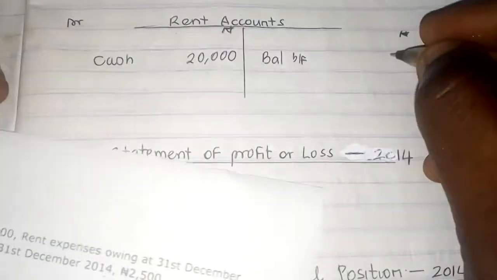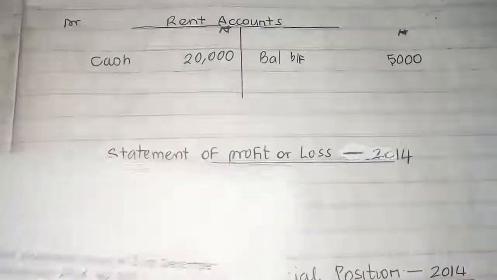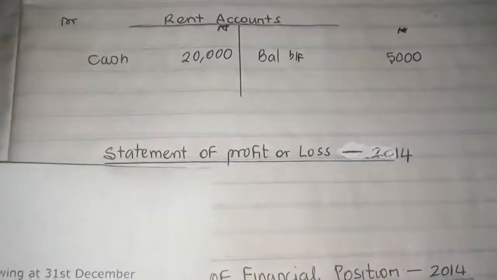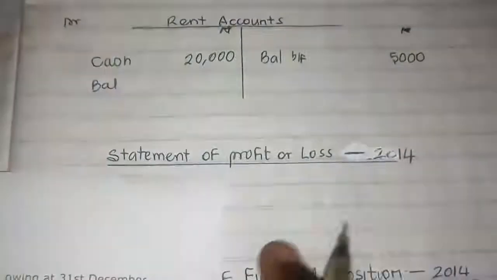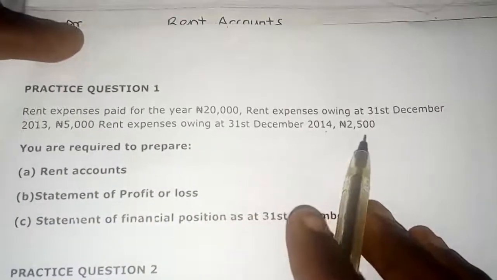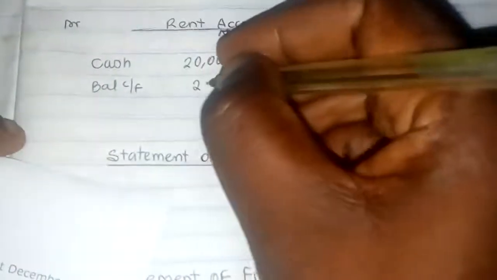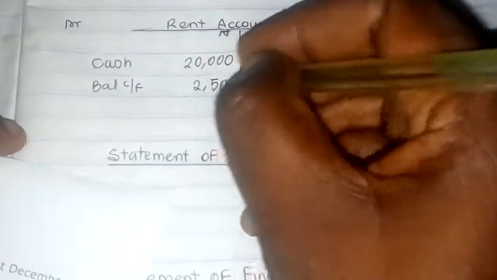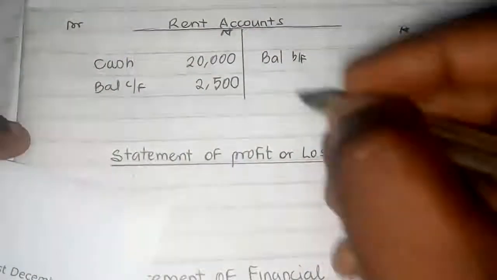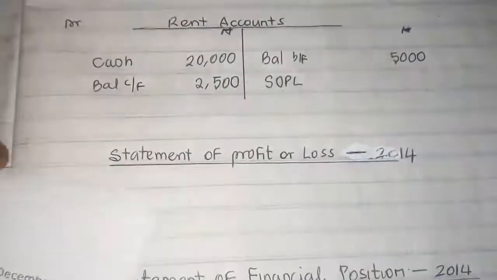How much? That is 5,000. Then we have our balance, that is the rent expenses owing for 31st December. We have balance carried forward for 2014. Then the balancing figure goes to the statement of profit or loss account.